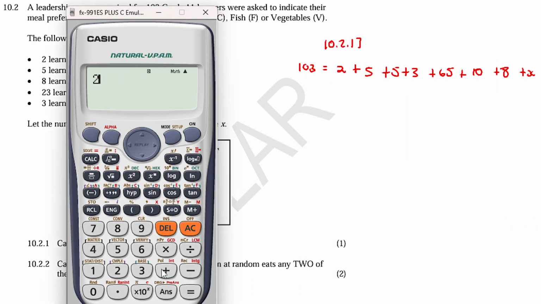So the 2 plus 5 times 2 plus 3 plus 65 plus 10 plus 8. Answer 98.